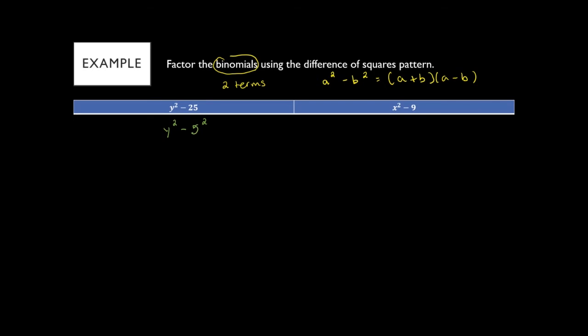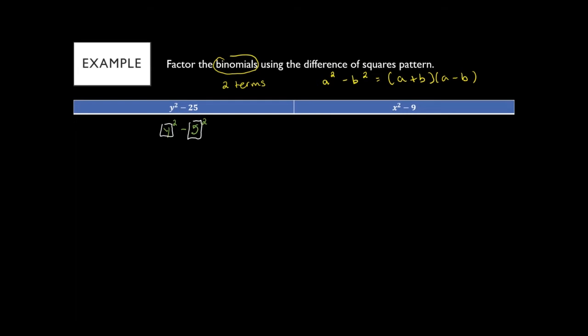And so now we're in the pattern for the difference of squares. Because to use the difference of squares, you have a squared minus b squared. Something squared minus something squared. And we have that here. We have the y squared. So the first thing is y. And then the second thing here is 5.